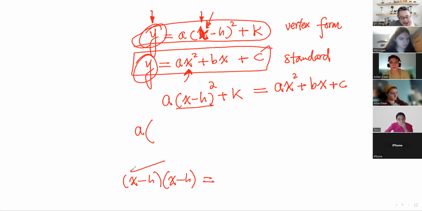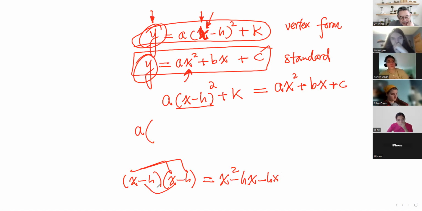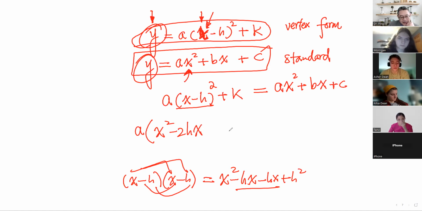That gives us x times x, x squared, then negative hx minus hx, then plus h squared. So we have x squared, and this gives us negative 2hx plus h squared, then plus k. That equals ax squared plus bx plus c.